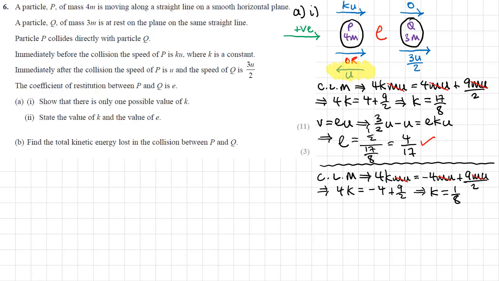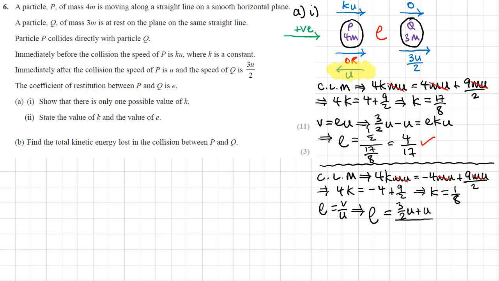We'll now put this into our equation for coefficient of restitution. This time I'll just use e is equal to v over u, because I had to rearrange it last time anyway. So e is going to be equal to that speed of separation. Now, because P is now going in this way, to find that speed of separation, I need to do 3 over 2u plus u, not minus like before, and then divide that by the speed of approach.